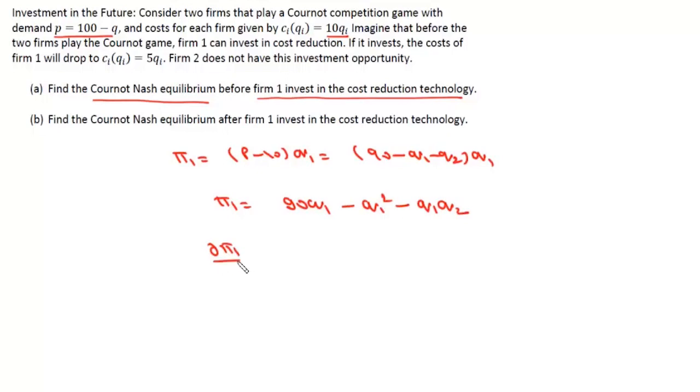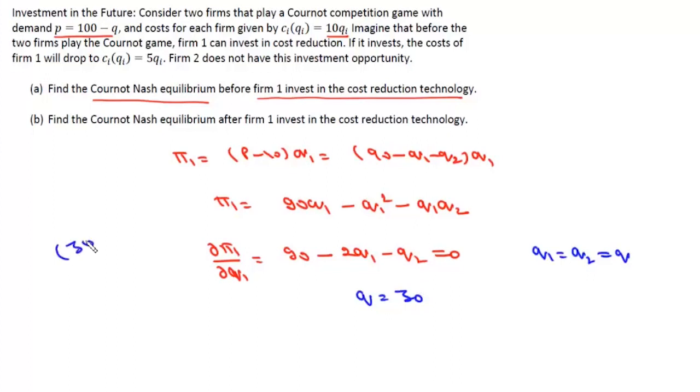We can write del pi 1 upon del Q1 as 90 minus 2 Q1 minus Q2, and it will be equal to 0. Now from symmetry we can say we'll get Nash equilibrium when Q1 equals Q2 equals Q. Now if we put Q1 equals Q2 equals Q, we'll get this Q as 30. So in this case, before the cost reduction, we'll get Nash equilibrium at 30, 30.